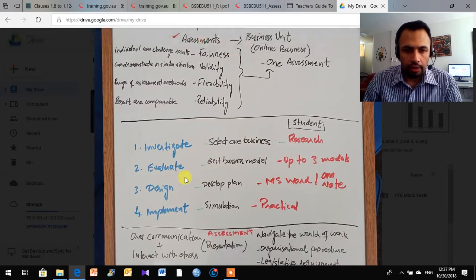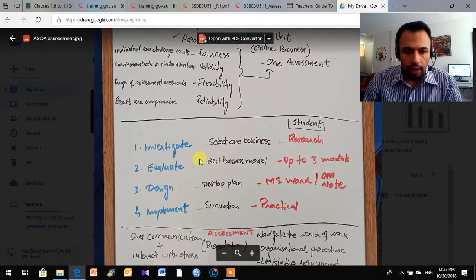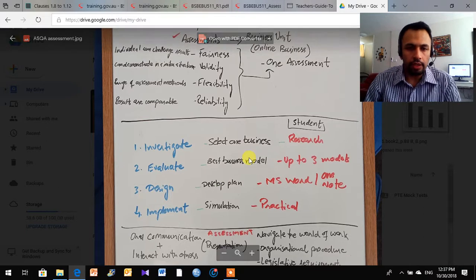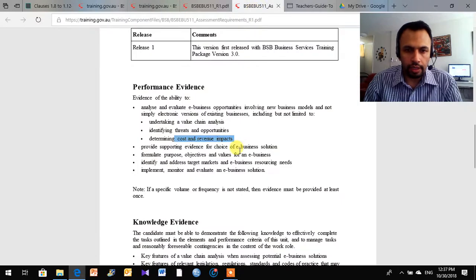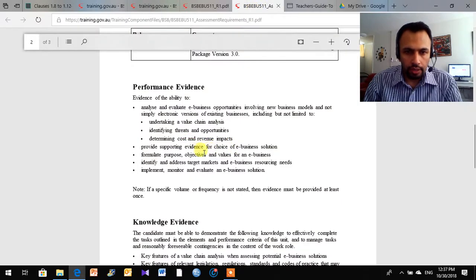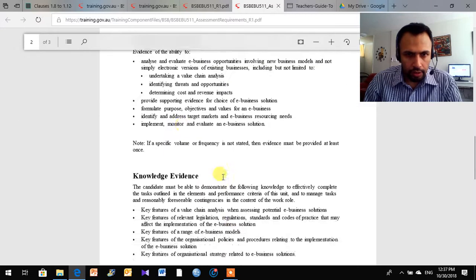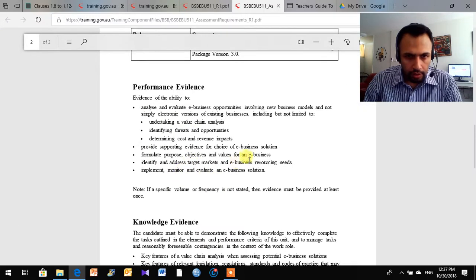And apart from that, in the evaluation, the student can also work on the revenues and the costs, just like written here: documentation, policies, formulate purpose, revenue impacts, determining costs.